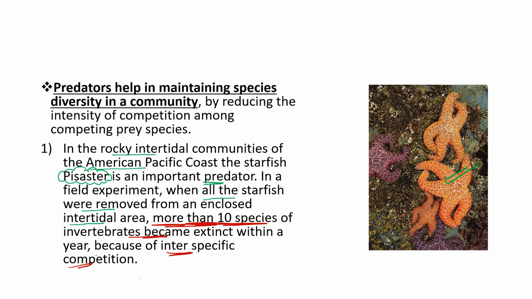It means we can understand it this way: because of the presence of this starfish, invertebrates were surviving. They were not having competition among themselves. And when this was removed, interspecific competition started and more than 10 species of invertebrates got extinct.